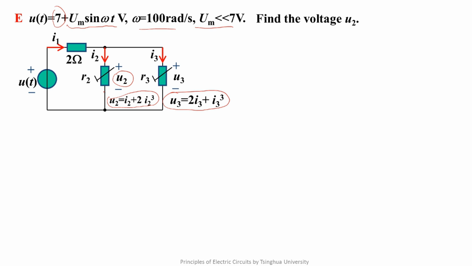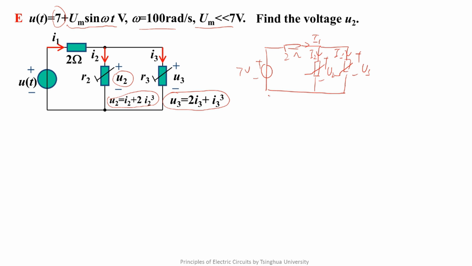Okay, first, we solve the working point of the circuit. We need to draw the nonlinear circuit for solving the working point. For this circuit, there are 5 variables: I1, I2, I3, U2, and U3.